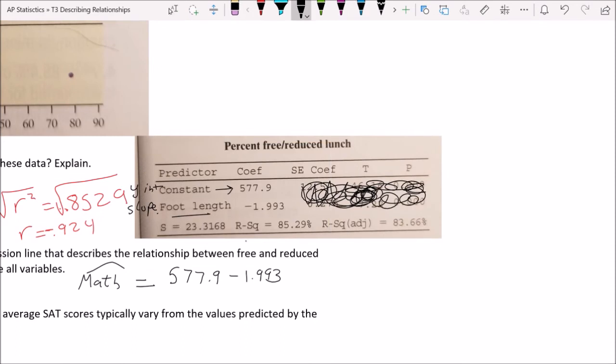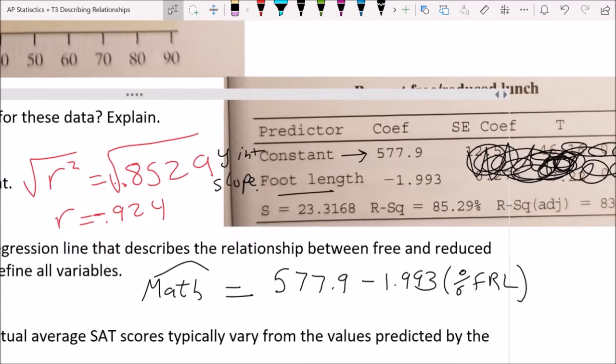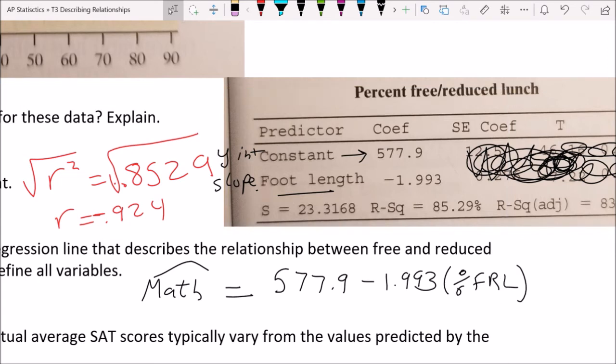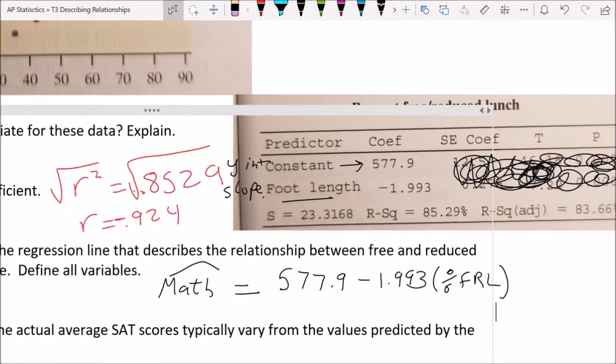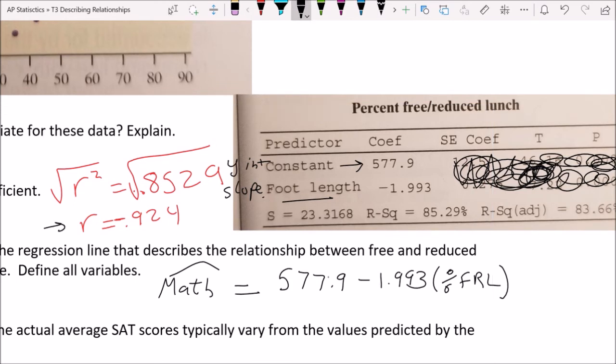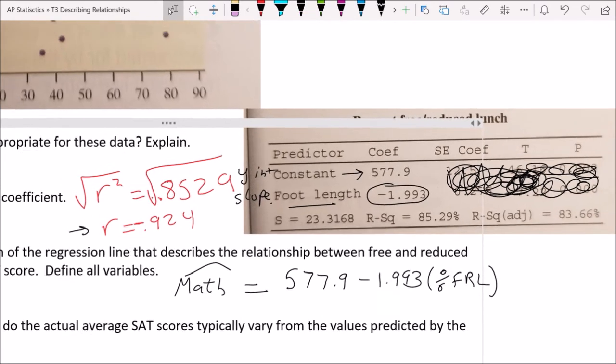So I'm going to write this as percentage FRL. Now, in mathematics, we normally don't write words inside of equations unless it's a logarithm or something like that. In statistics, it's totally fine. You can write math hat and you can write percentage FRL in there, and it's understood that that's standing in for a value that you could plug in. So I said I was going to tell you another way how we would know that R was negative. R is negative because now that we realize this is the slope, negative slope means negative correlation coefficient.